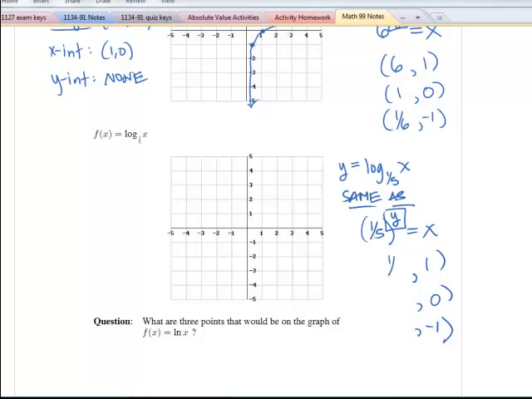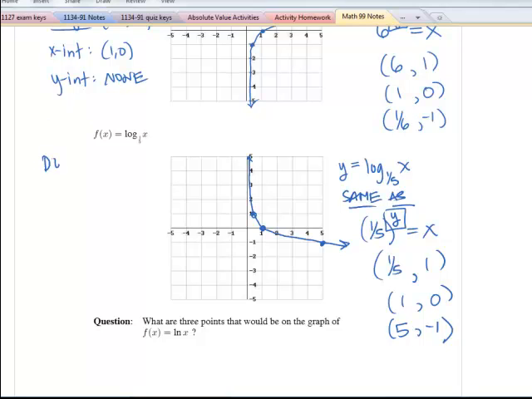1/5 to the 1 is a 5th. 1/5 to the 0 is 1. 1/5 to the -1 is the reciprocal of a 5th, which would be 5. So (1/5, 1), (1, 0), and (5, -1). And we can see the graph is going to head up as it gets closer to the y-axis, and then it'll decrease as we go to the right.